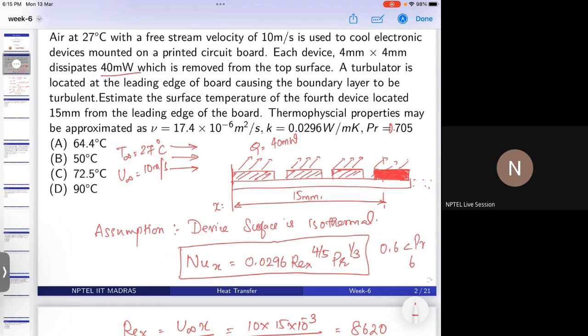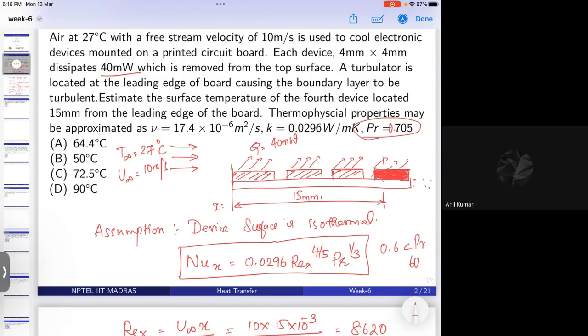We never emphasize the Prandtl number, and we always assume that whatever Prandtl number is given is within that range. The Prandtl number here is 0.7, right? So it falls inside that region.